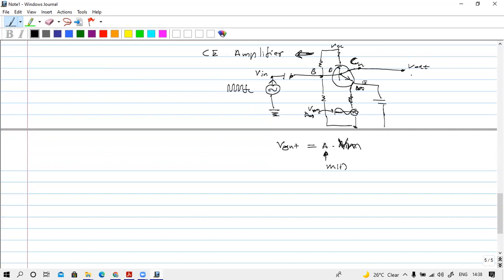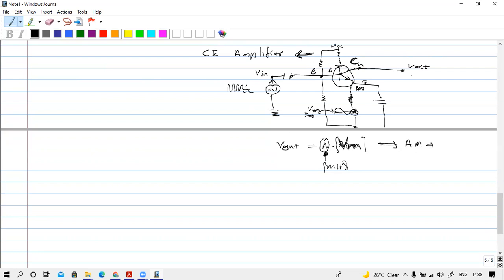V in is the carrier signal, so the output amplitude will vary according to this A, and this A is varying according to this information signal. So you will get the AM output.